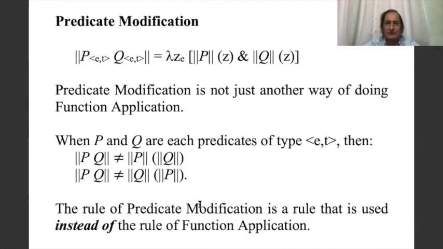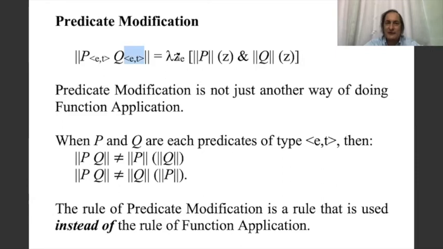And that new rule is called predicate modification. And here's how it works. Suppose we have a word like black and another word like dog, and each of them is of type et. This new rule tells us how to make a meaning out of those.